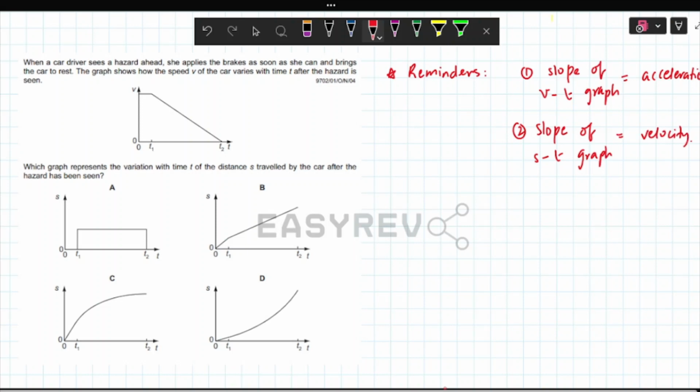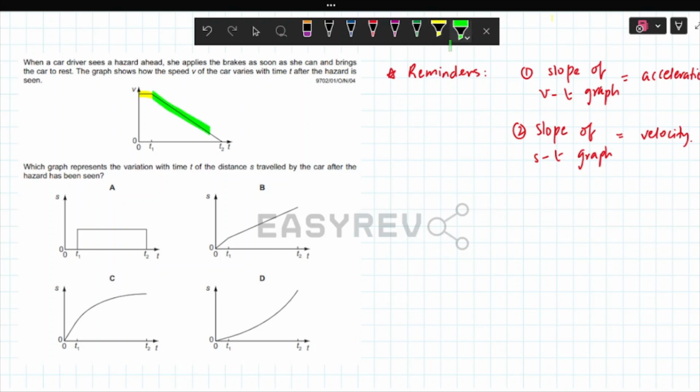So we'll basically be using both of these pointers to link from the first graph drawn above to one of the options given below. Before we can do that though, let's actually interpret this larger convoluted kind of a graph into two distinct sections: one horizontal line highlighted in yellow and one line that's tilted downwards highlighted in green.